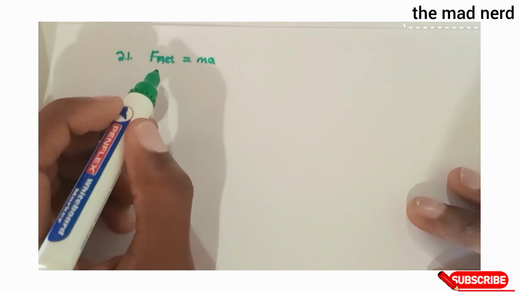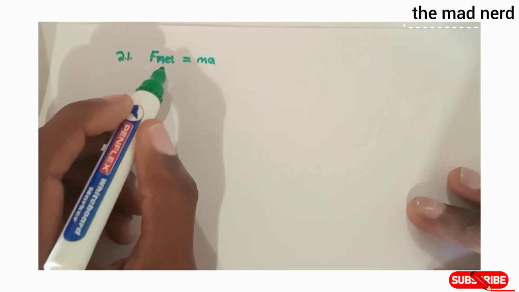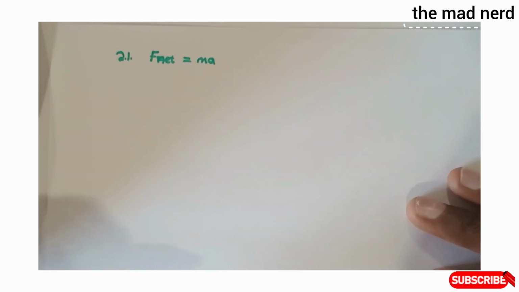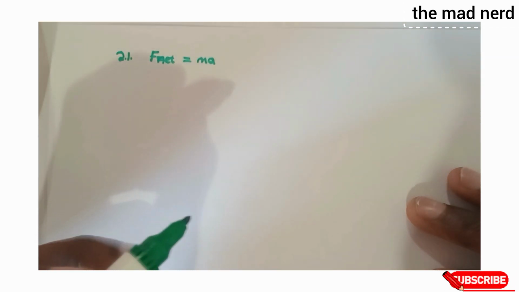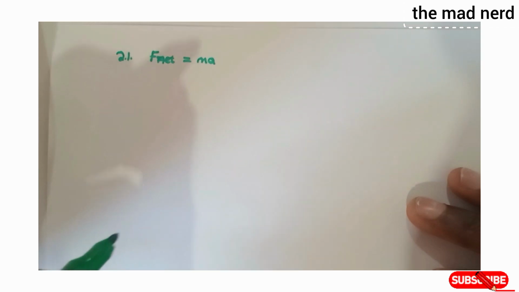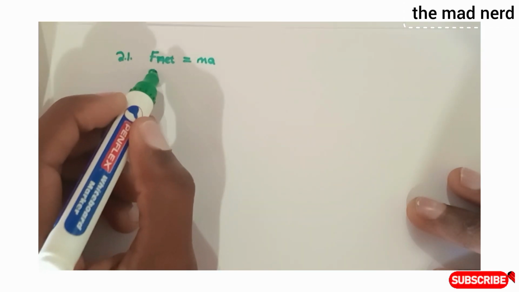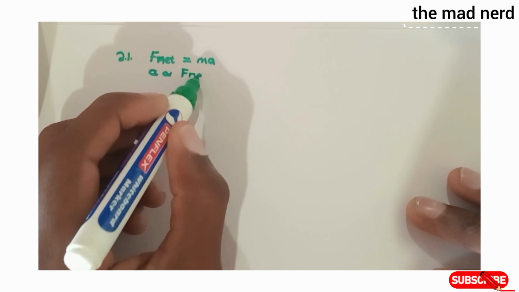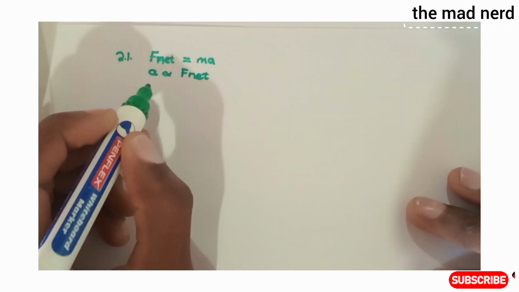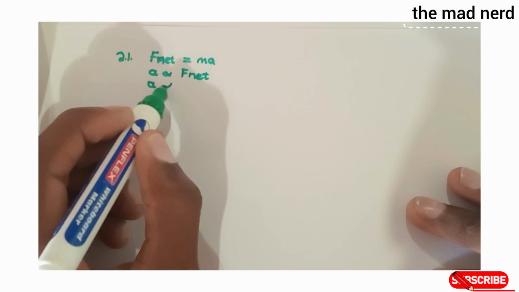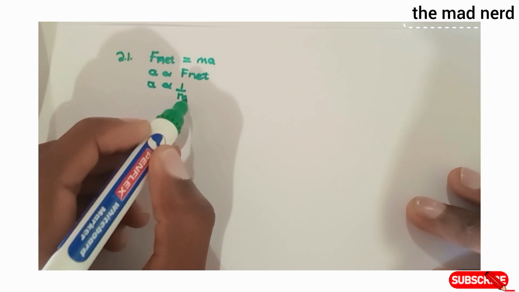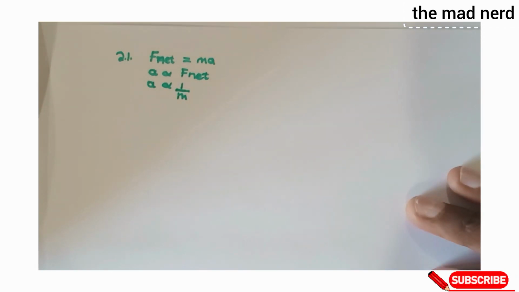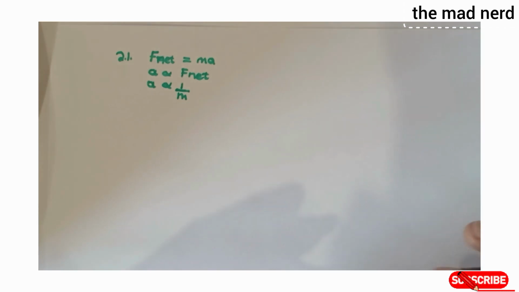It means that an object will accelerate in the direction of the net force, and acceleration is directly proportional to the net force, and then acceleration also is inversely proportional to its mass. So that's the definition for me.